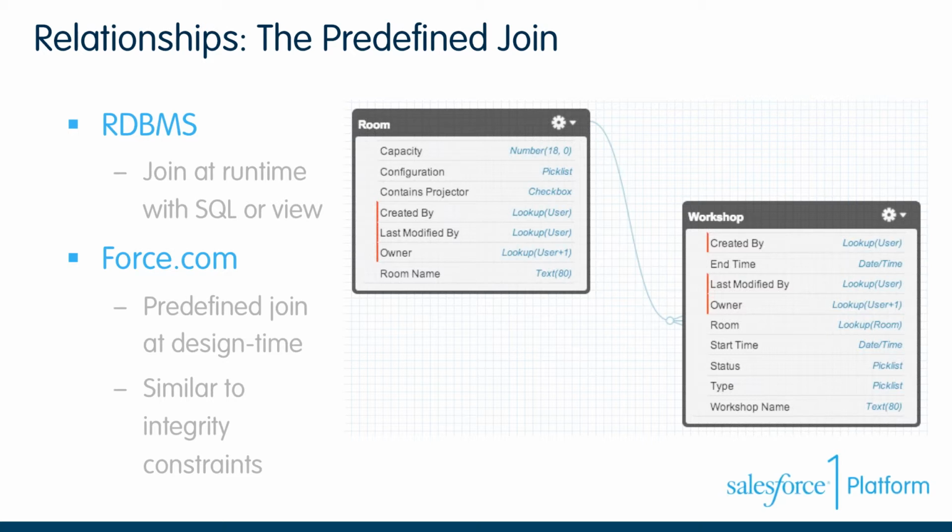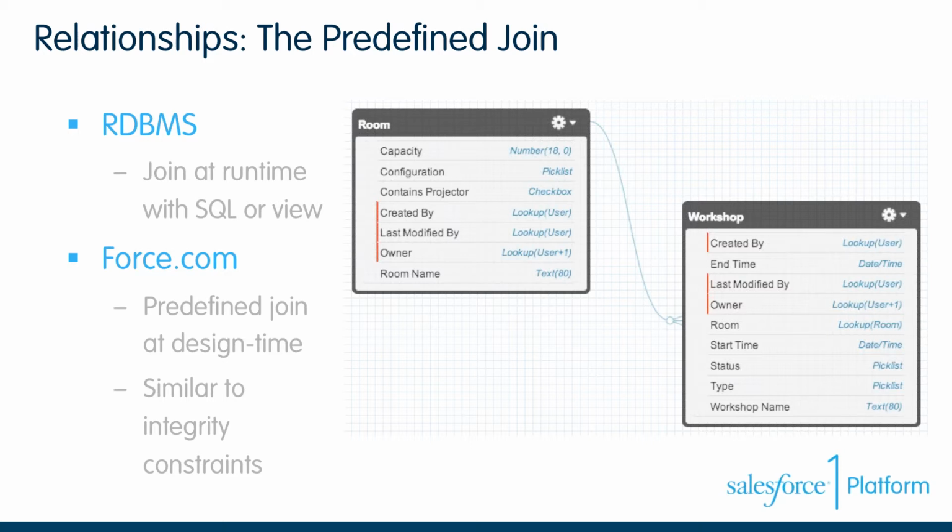That idea doesn't really exist in the same format, though, here in Force.com. So instead, the linkages between different objects are actually predefined at design time. So over in the graphic here, you'll see a picture of the schema builder that we'll be playing around with a little bit later on.